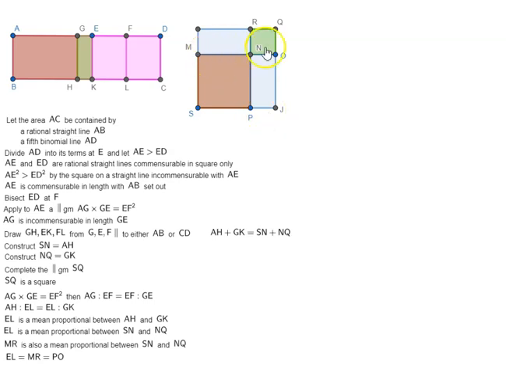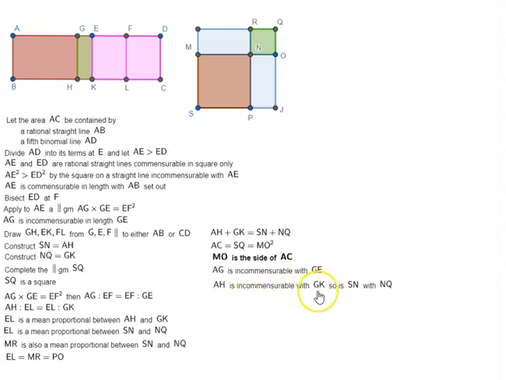Because SJ is equal to MO. So AC is equal to SQ is equal to the square on MO. Which means MO is the side of AC, or more elaborately, MO is the side of a square whose area is equal to the area of AC.